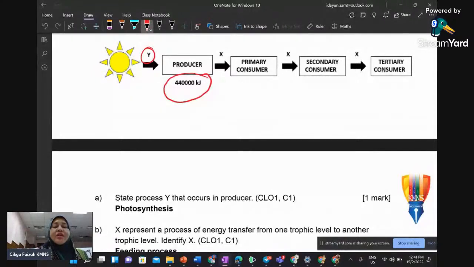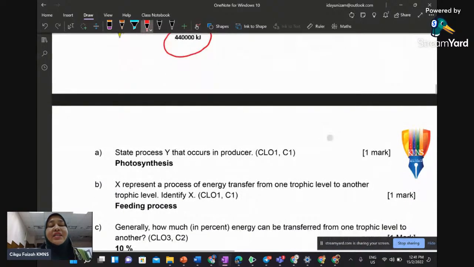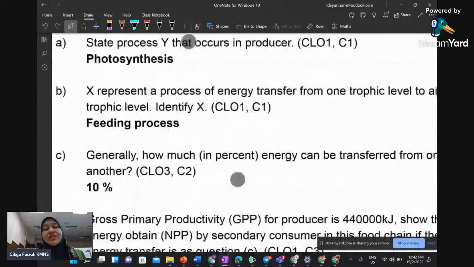Okay, and then from producer in the food chain, producer will be eaten by primary consumer, would involve X. Okay, so X is actually transferring of energy. So soalan tanya apa itu X? So actually X is the feeding process.